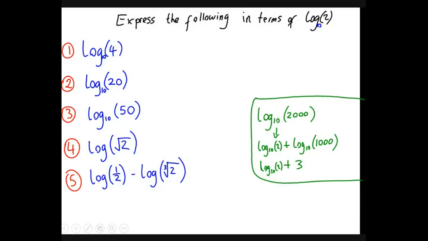The first question is log to the base 10 of 4. So using your log laws, in some ways you can kind of ignore the 10 when you're applying them. As long as the base remains the same, it doesn't change the log laws, if that makes sense. Does that make sense? Yeah, thank you. Cool.